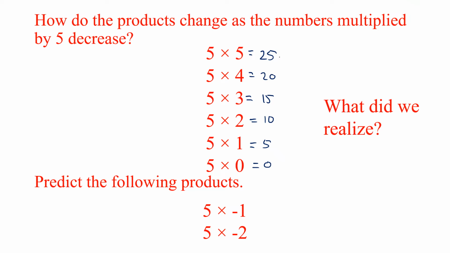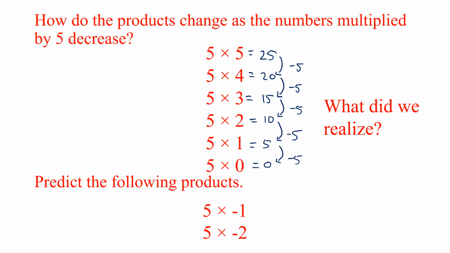Do we realize that each time it is subtracting 5? So it is 5 less. I'm subtracting 5, subtracting 5, subtracting 5, and subtracting 5. That's because I'm multiplying by 1 less 5, so there's 5 less each time, which is why it is subtracting 5.